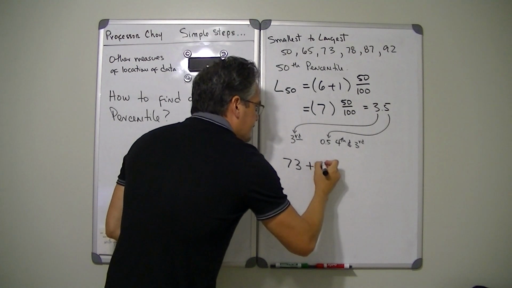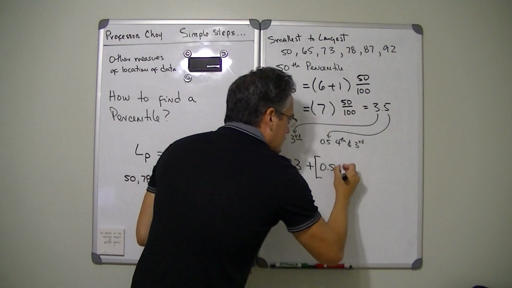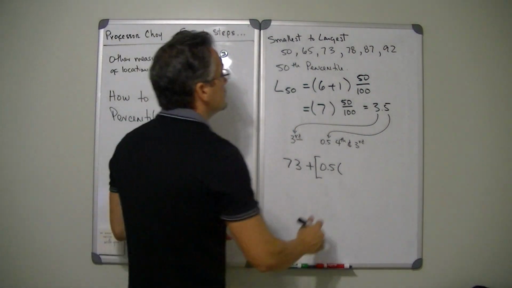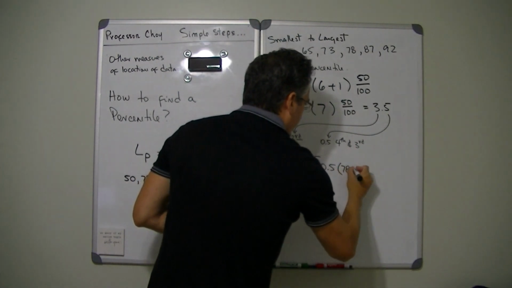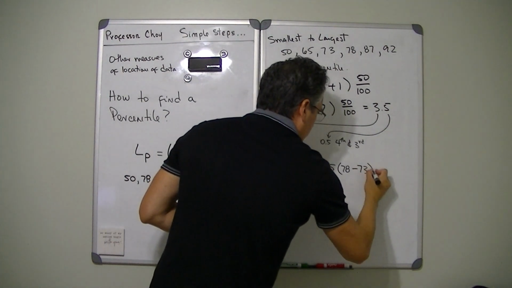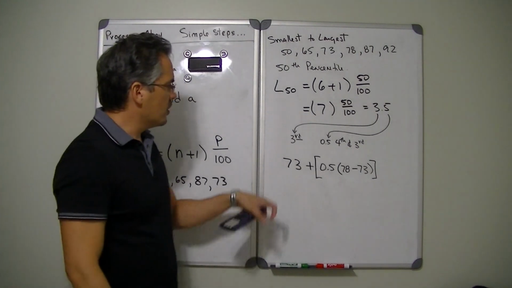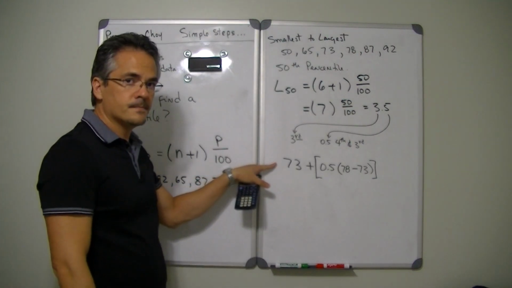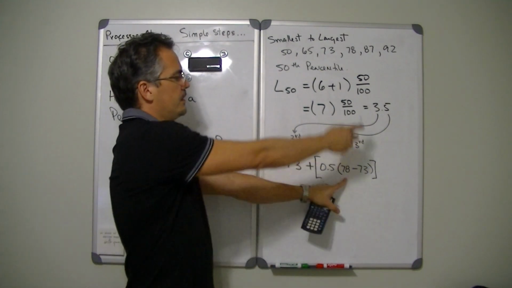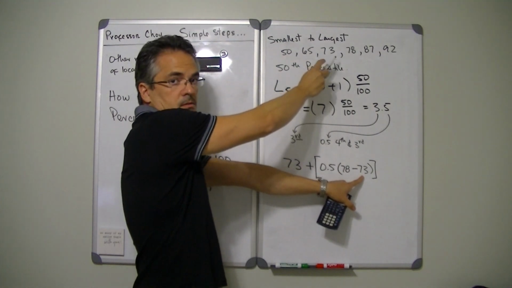Then we're going to add 0.5 times the fourth number on the list, which is 78, minus the third number on the list. So we're going to go to the third number and then 0.5 of the way between the fourth number on the list and the third number on the list.